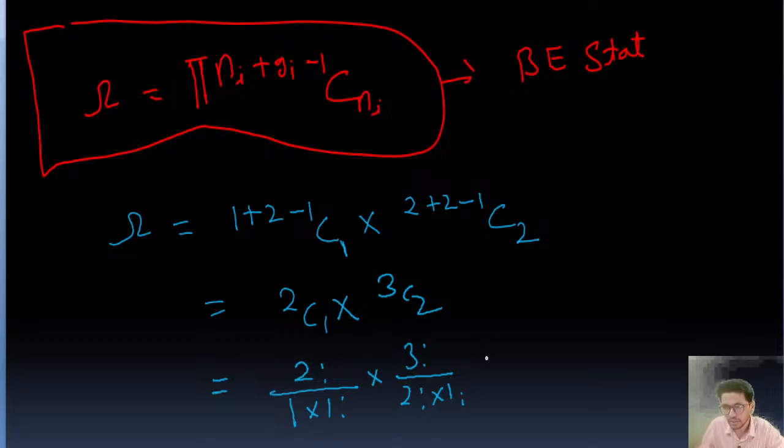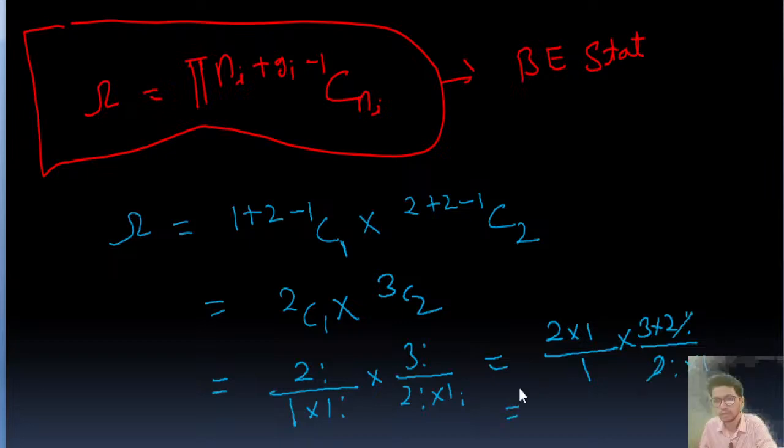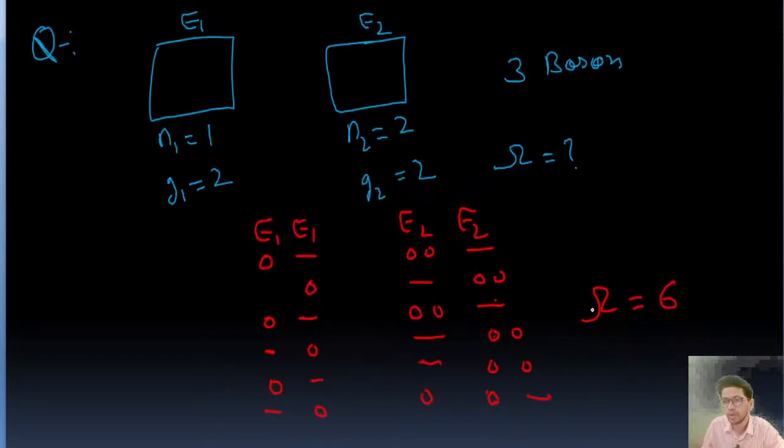So if you solve it, this is going to be 2 into 1 upon 1 into 3 into 2 factorial, we can write into 2 factorial into 1. 2 factorial will get cancelled, okay? So this value is going to be 6, right? We have got it by formula as well and manually as well. So this is the answer, guys.